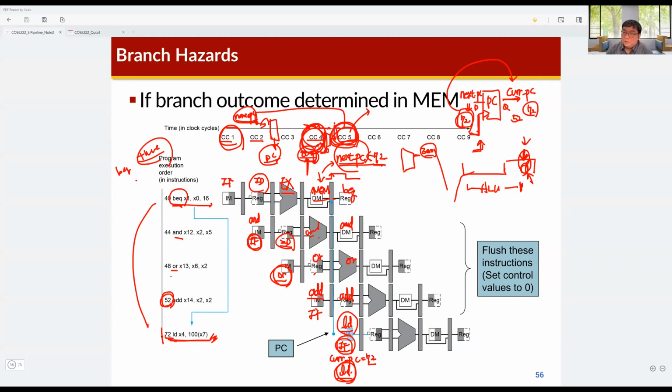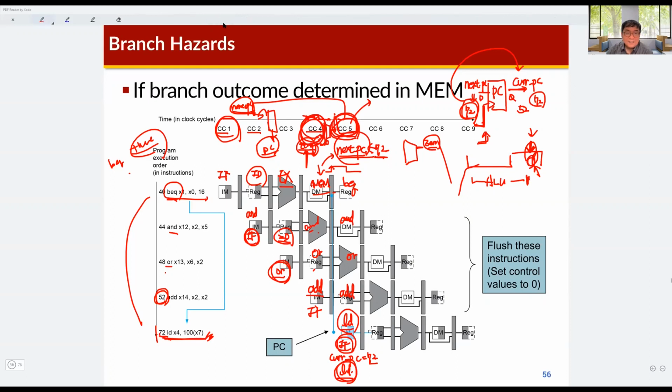What's wrong? What is the issue for this case? The issue is that the AND instruction is the wrong, incorrect instruction. OR instruction is also incorrect. ADD instruction is also incorrect. So instead of and, or, and add instructions, we need to execute the load instruction, because that is the target of the branch instruction.